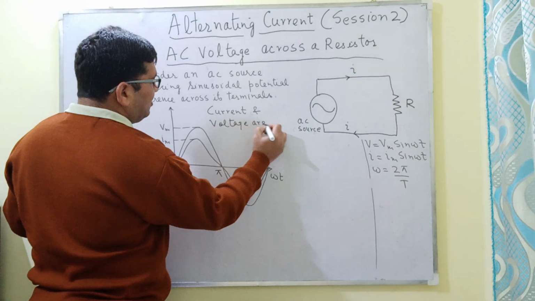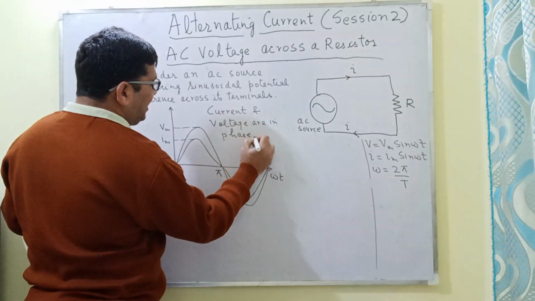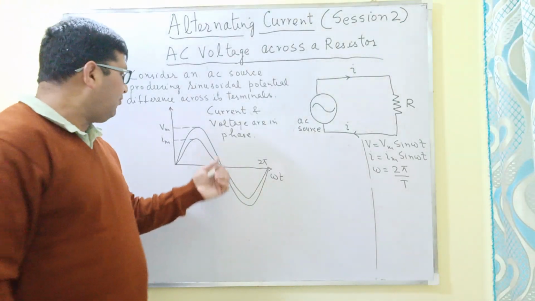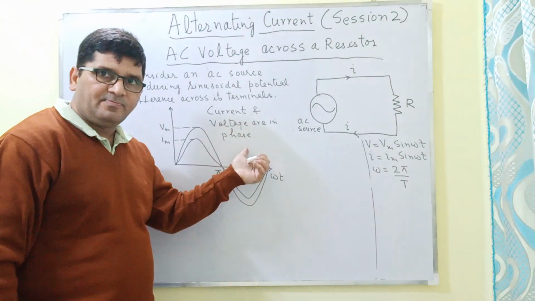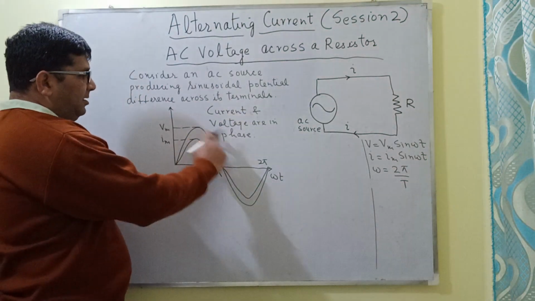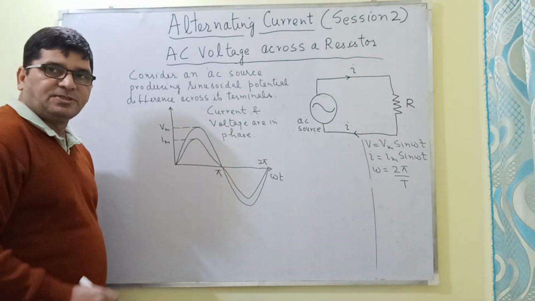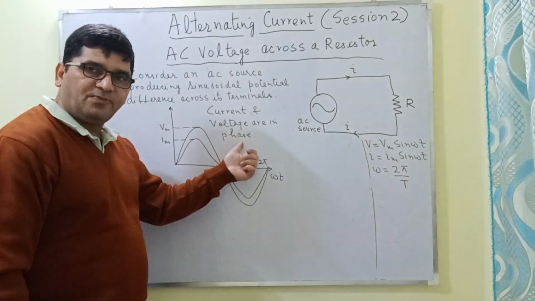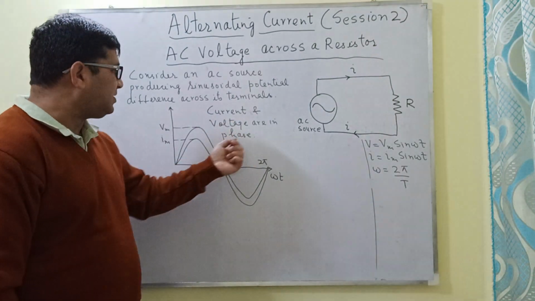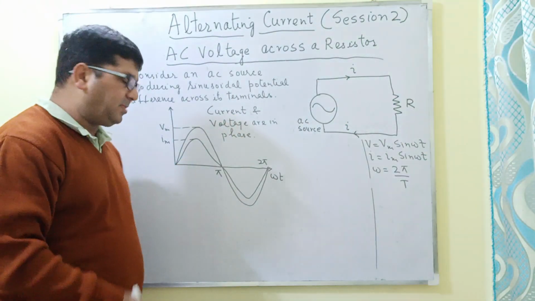In other words, the maximum and the minimum values of current and voltage occur at the same time.